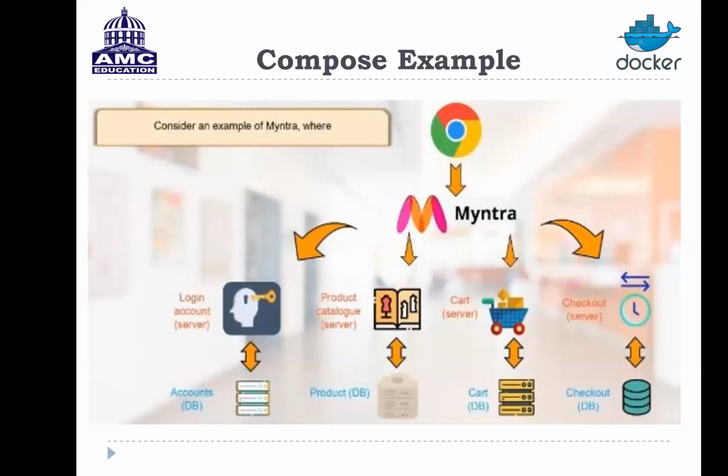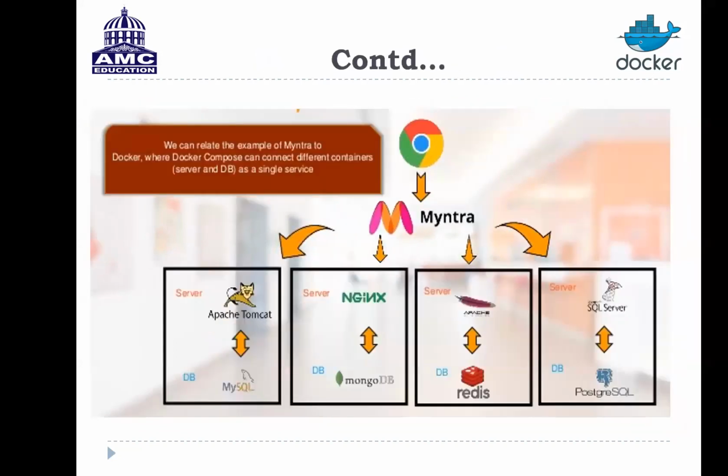Now you can relate this Myntra example to Docker, and we have to see how Docker Compose connects all these different containers, like your servers and your databases, as a single service. Let me go to my next slide, where you can see the servers. The first server is like Apache, Tomcat and so on, and the database is MySQL.